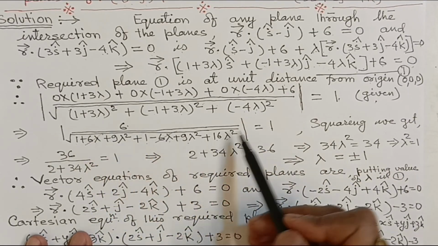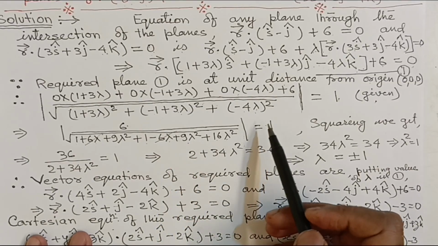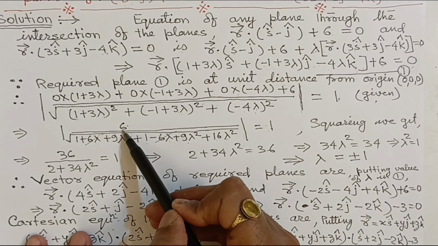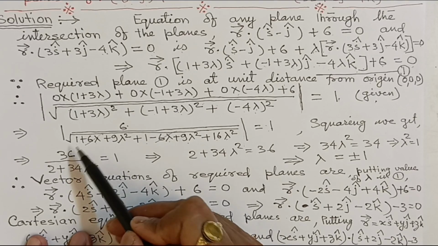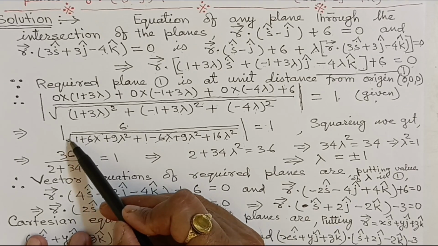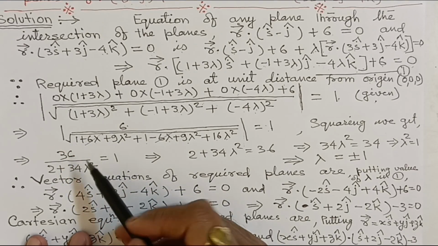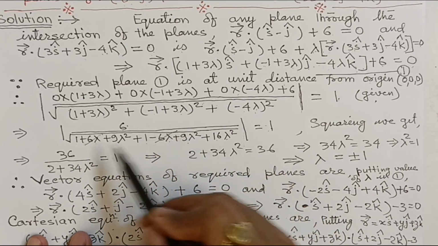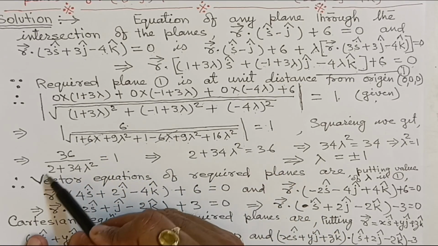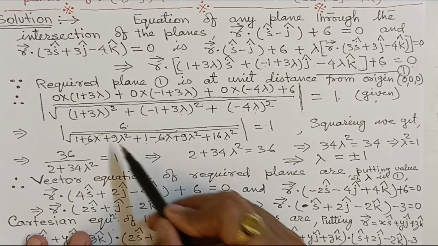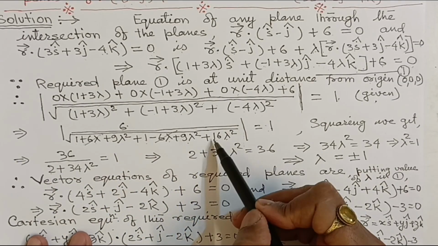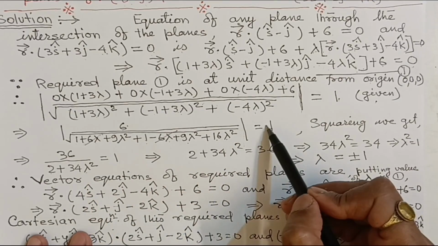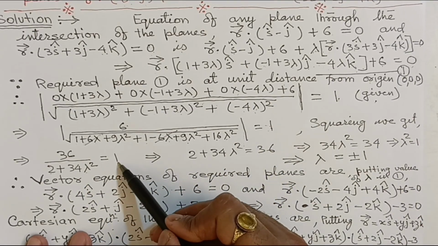Now squaring both sides, we get 6 square, 36, and the square root is removed. Plus 6 lambda minus 6 lambda cancel. So 1 plus 1, 2, plus 9 lambda square plus 9 lambda square plus 16 lambda square, that's 34 lambda square, equal to 1 square, 1.